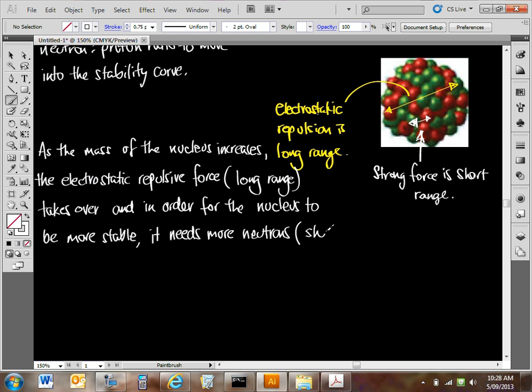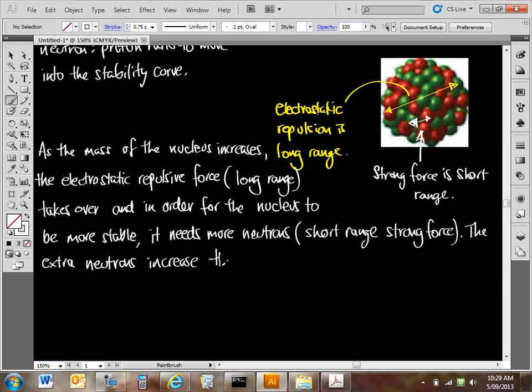Short range, strong force. The extra neutrons increase the distance between protons.